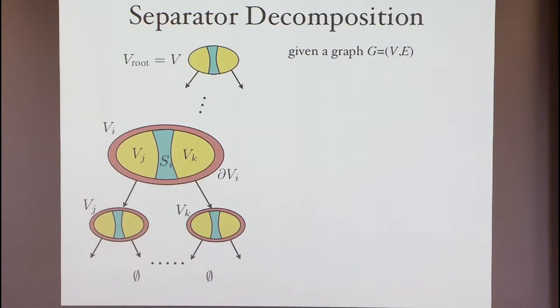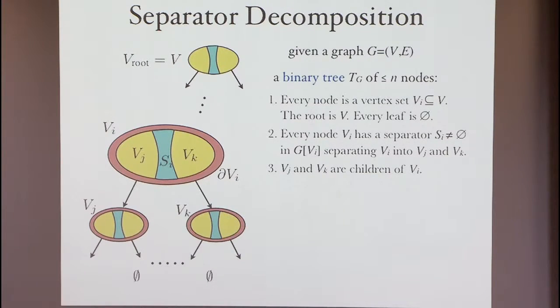Given the graph, the separator decomposition of that graph is a binary tree where every tree node corresponds to a vertex set, with the root corresponding to the entire vertex set V. For a node corresponding to vertex set Vi, it has a vertex separator Si.